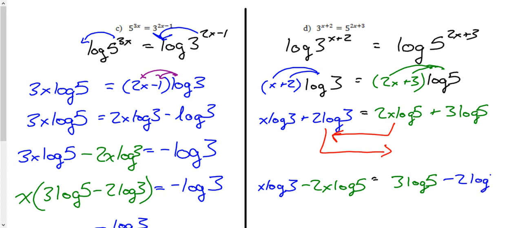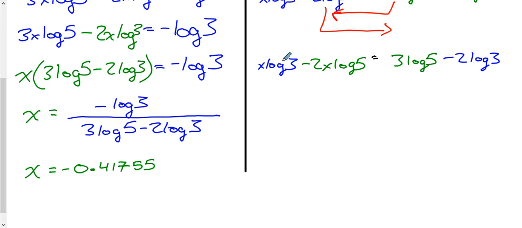There we go. And again, just like the previous question, what should we do here when we have two different x's? You're going to factor. So I'm going to factor out an x, and what does that leave me with? That leaves me with log 3 minus 2 log 5.